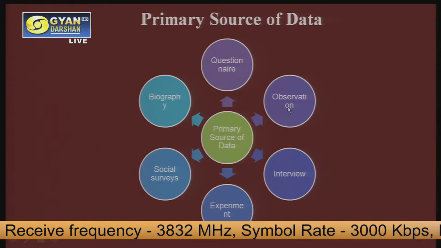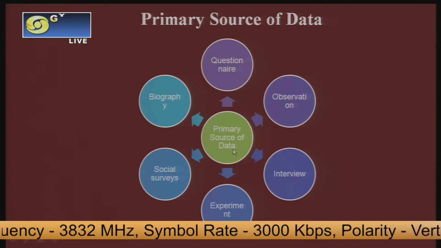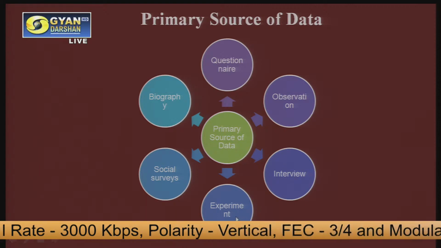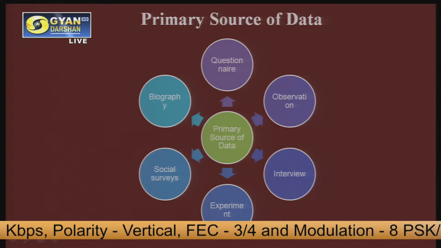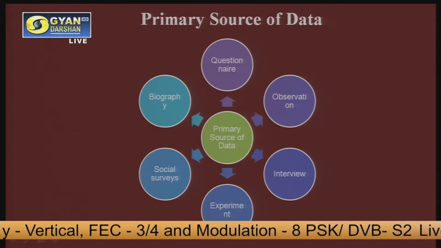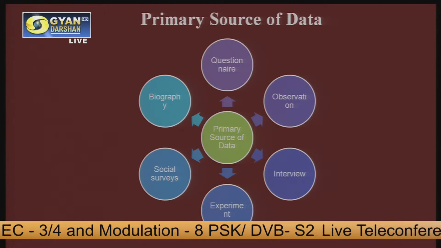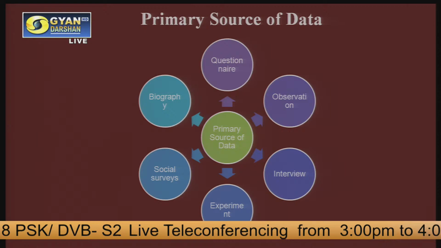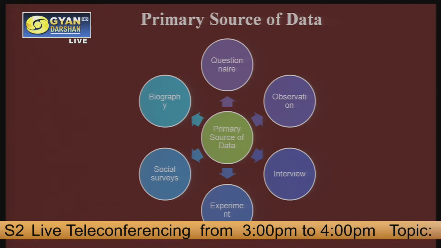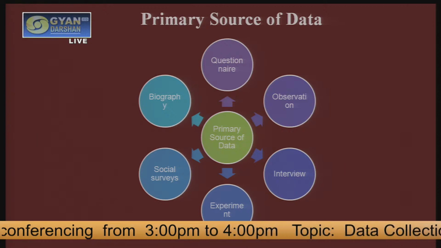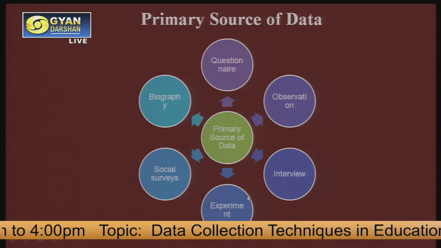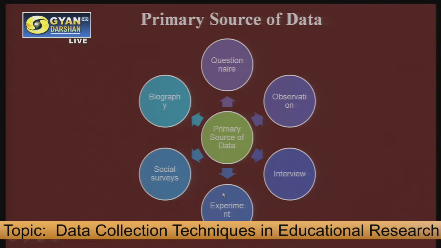Observation also comes under the primary source, then interview, then doing a type of experiment, where the researcher is doing the experiment himself or herself to understand a certain concept, or the effectiveness or impact of a new method or new technology in comparison to the traditional technology and the traditional method that we are using with the students. So that's why it also comes under the primary source.